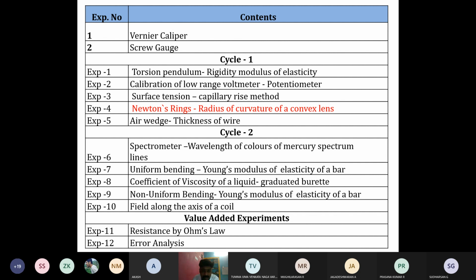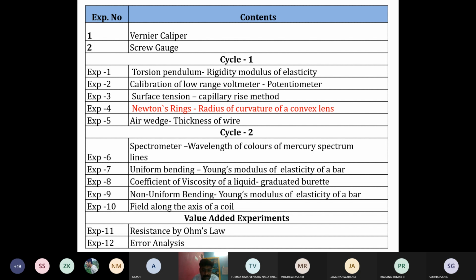So we are discussing about torsion pendulum. In the last lab, we studied the rigidity modulus of elasticity of the given material by using the torsion pendulum method.